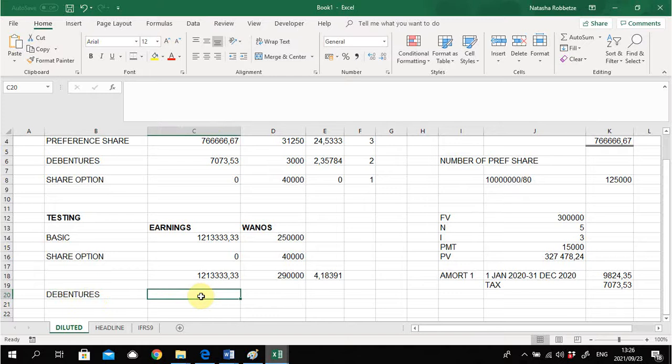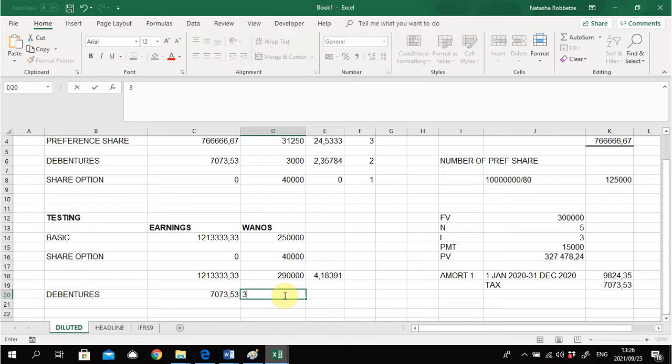So for the debentures, it's 7,073.53. The number of ordinary shares would be 3,000.